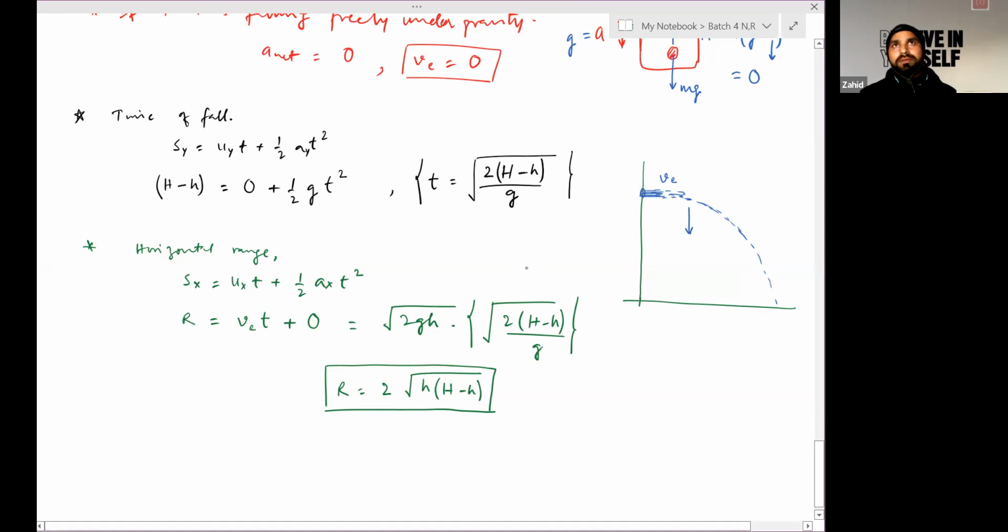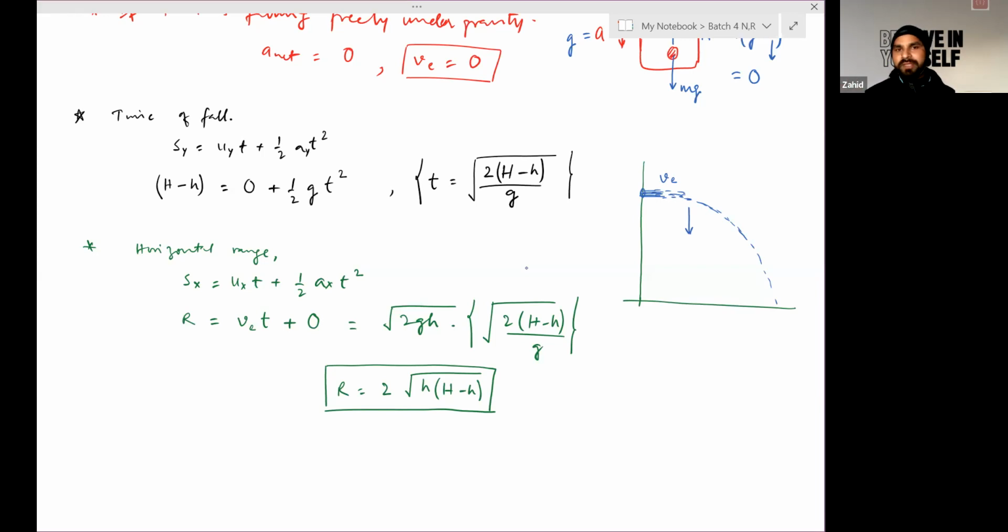I defined a topic in mathematical physics before chapter number 3, in which I covered 5 different applications of calculus. The last application was that if you have to calculate the maximum or minimum of a particular function, just differentiate that function and put it to 0.